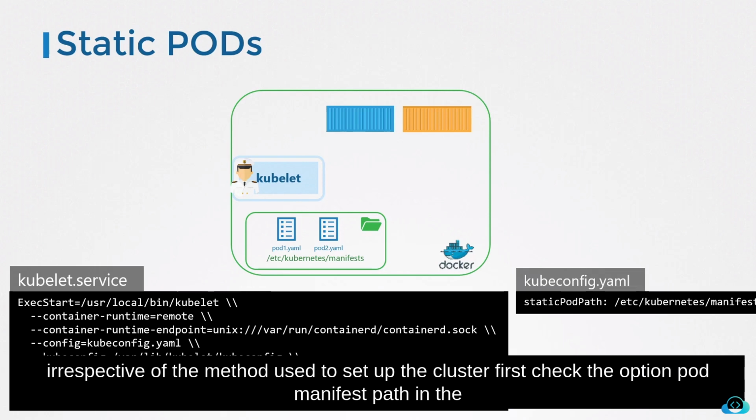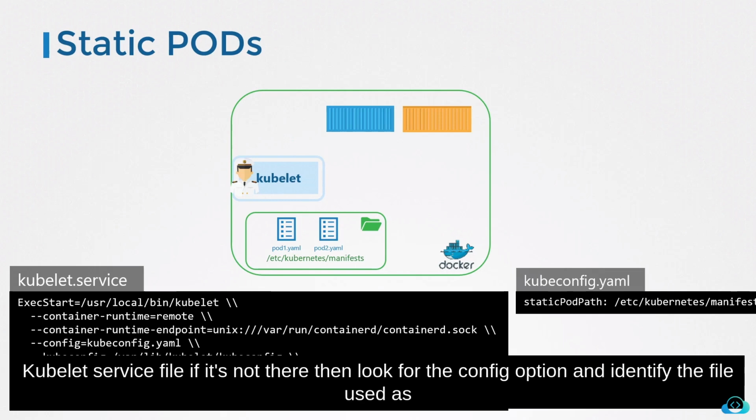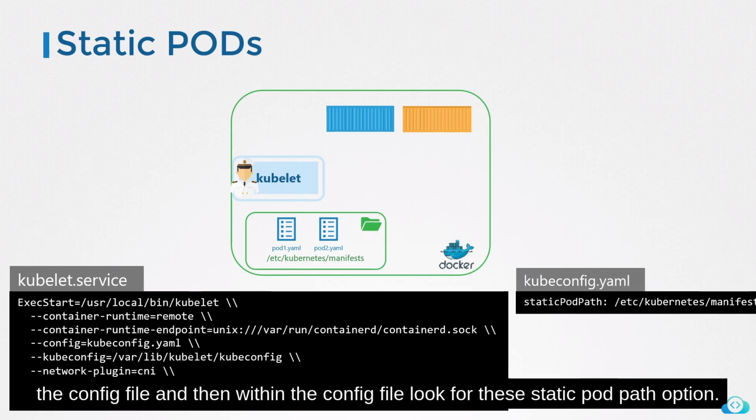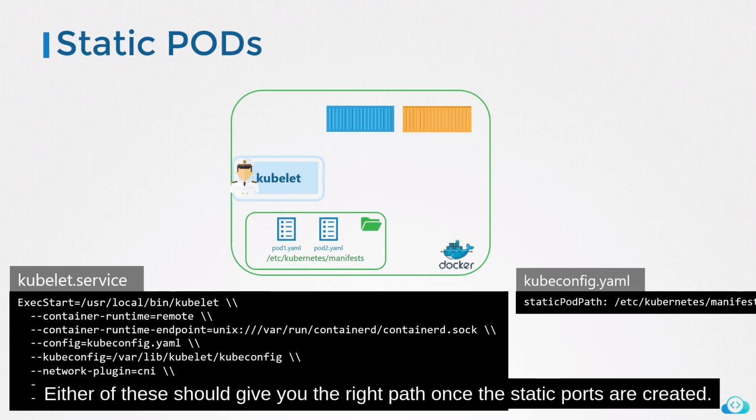First, check the option pod-manifest-path in the kubelet service file. If it's not there, then look for the config option and identify the file used as the config file. And then within the config file, look for the staticPodPath option. Either of these should give you the right path.